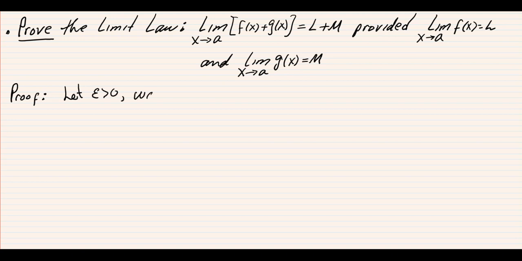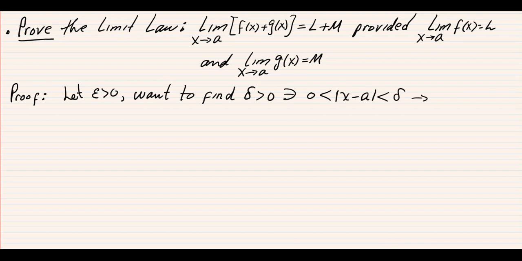We want to find a positive delta such that whenever we are sufficiently close to a, within delta, the absolute value of f of x plus g of x, that's our sum function, minus the limit of the sum is going to be less than epsilon. That's what we want to show.